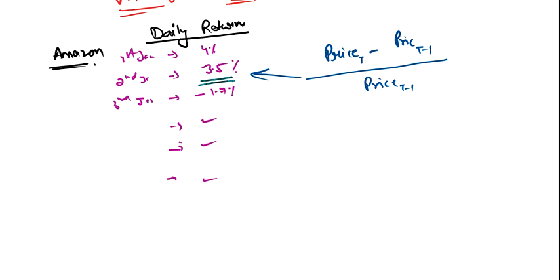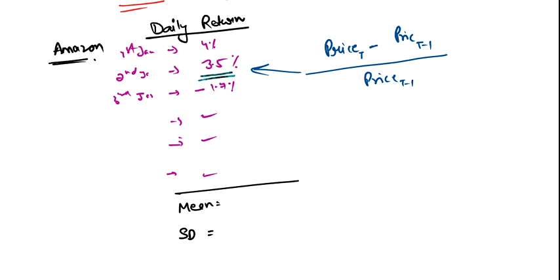Clear? Now if I have the details of the return, simply I can calculate the mean and the standard deviation, our basic descriptive statistics. Suppose your mean is coming to 0.004% and your standard deviation is coming close to 3%.